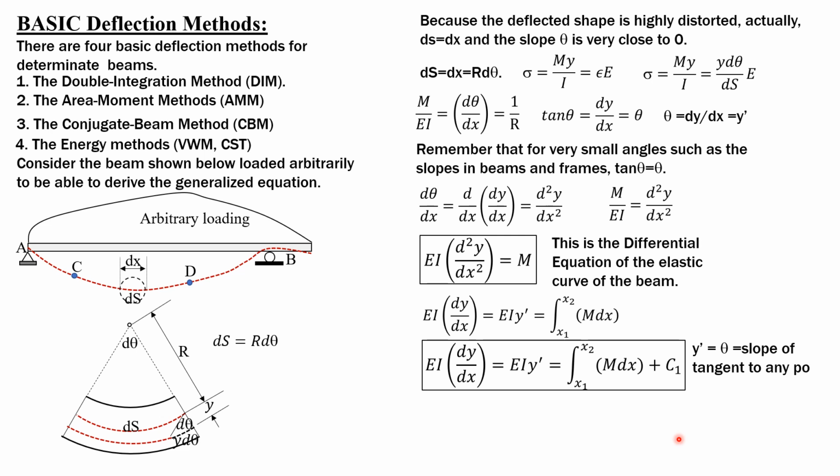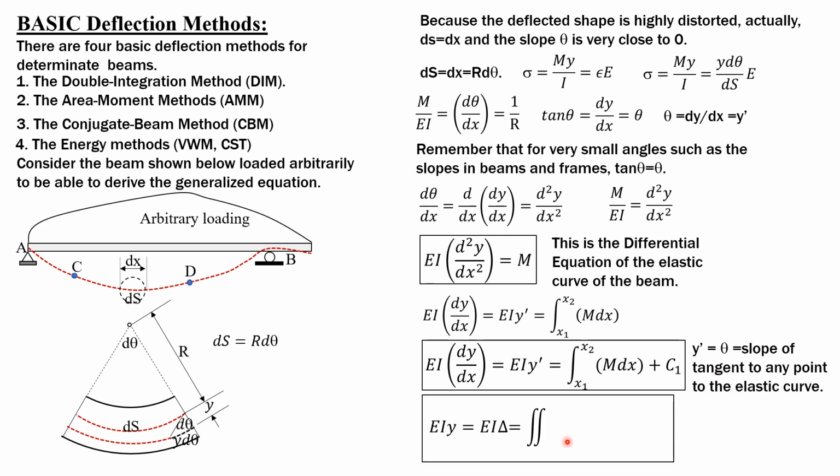So integrating further, so that's the slope of the tangent to any point to the elastic curve. Integrating further, so we have EI y equals EI delta, or the deflection. We have double integral of M dx plus c sub 1 dx. So that's it. So this represents the equation of the elastic curve.